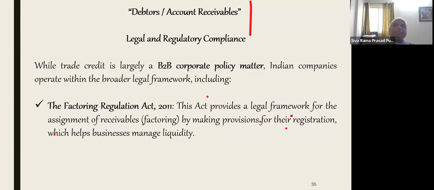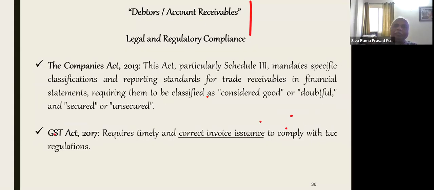Because they have discounted. Why are we not recovering that amount? The factor will act as a financial creditor, but why does the factoring arise? The factor has discounted the account receivables or debtors. So why are we not recovering that amount? That question should arise in the mind of the IRP or RP.